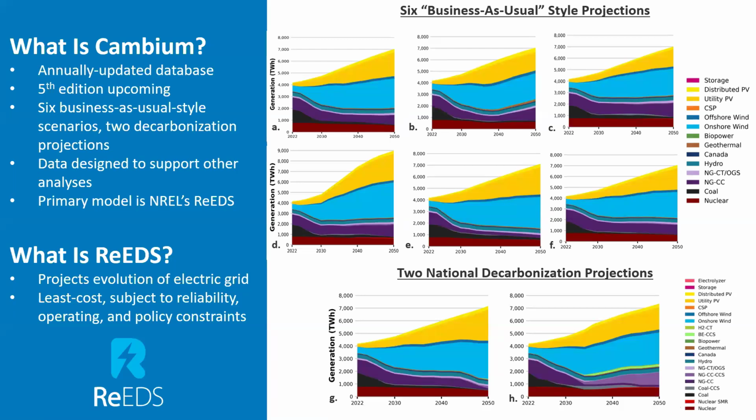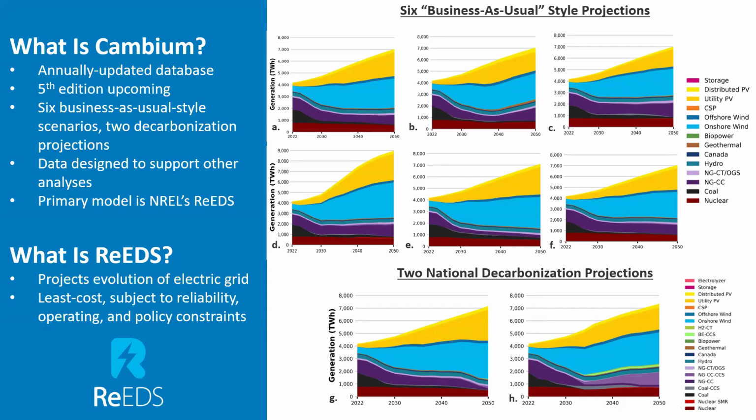So whenever we're looking at these figures here, and whenever I say projection, what I mean is that it's the least cost solution subject to those constraints. It has to be a reliable grid. It has to meet things like renewable portfolio standards, as well as respecting various types of operational constraints. But other than that, it's least cost. That's what we mean.